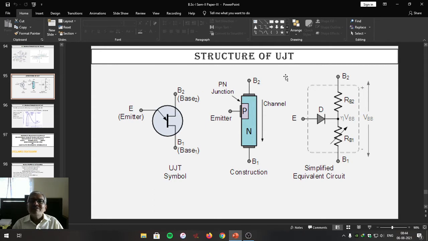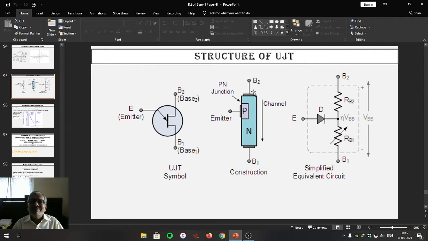Friends, let us study the structure of the uni-junction transistor, or we can say the construction of the uni-junction transistor. The construction is represented in this particular diagram. Look here. Whatever this rotating arrow indicates represents what exactly the uni-junction transistor consists of.